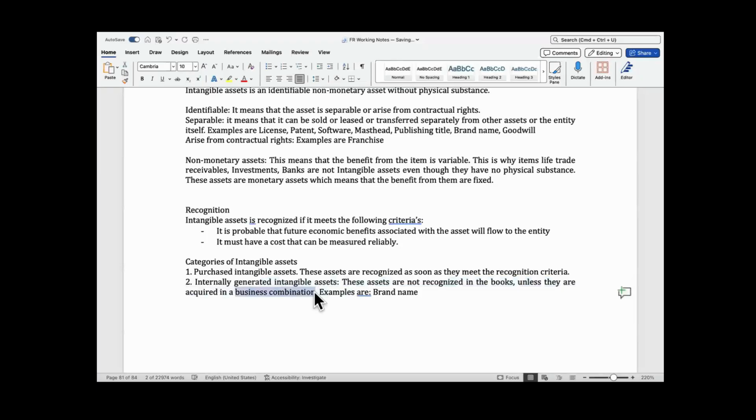It means that you are buying another company, and you are now paying for the brand name. So it means that we know how much we are paying. That is why we can recognize it in our books. So brand names are not recognized in the books unless they're acquired in a business combination. That's where you see us putting it in our books.